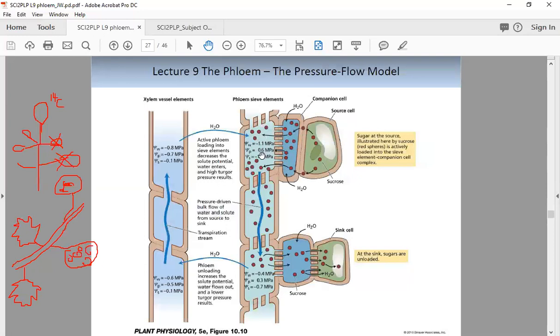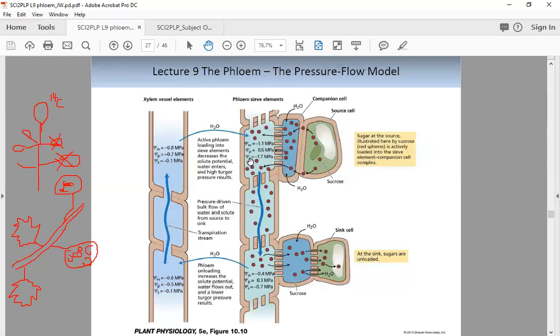So what does this do to the solute potential? What do you think that does to the solute potential or osmotic potential when we're increasing the concentration of sucrose? Correct.